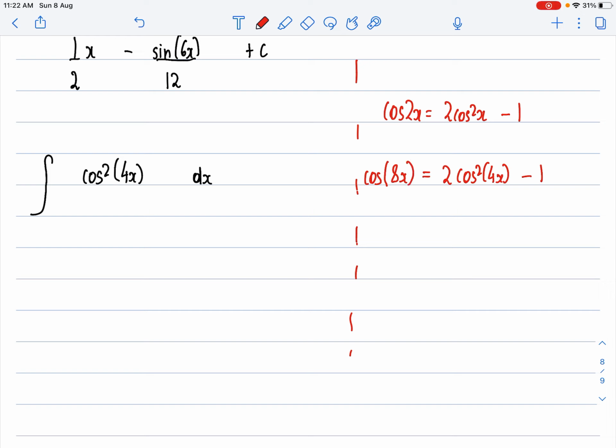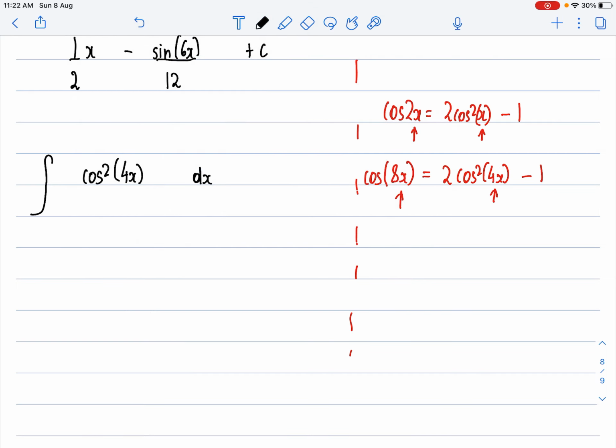Correct? Why 8x? Because when this was 1 here, because if you see x here, it has a coefficient of 1 because that's square. Okay. So x basically has a coefficient of 1. So when this was 1 here, this was 2x. So when this becomes 4x, this becomes 8x. Correct? We did this in the chapter of trigonometry also.